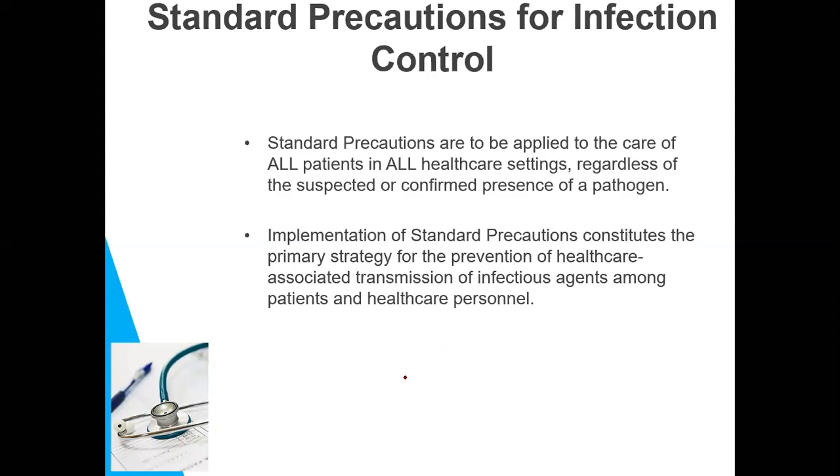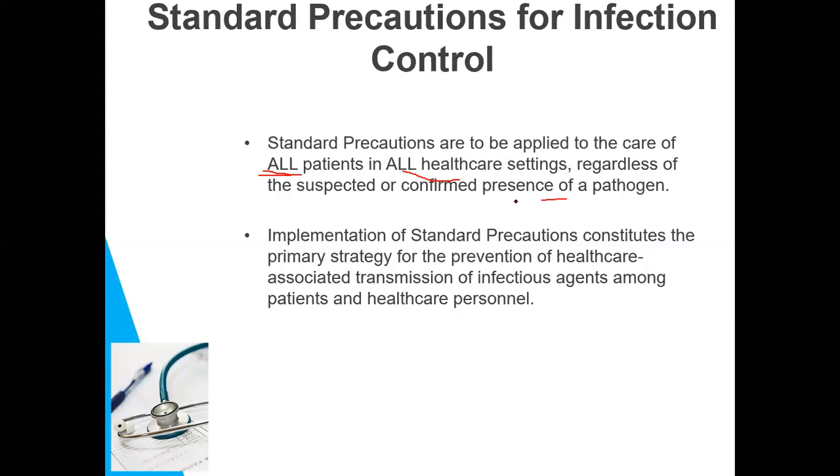Now we have precautions, criteria and procedures called the standard precautions, standard infection control precautions, and these precautions are applied in all conditions. Standard precautions are those precautions that apply to the care of all patients without exclusion in all healthcare settings, even in the offices, regardless of suspected or confirmed presence of pathogen.